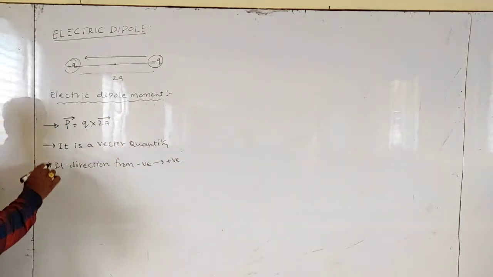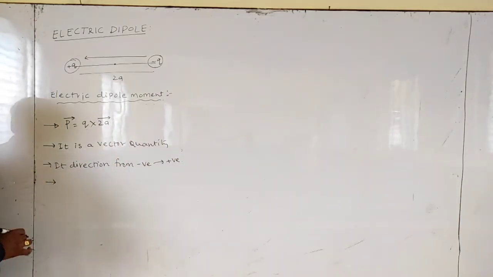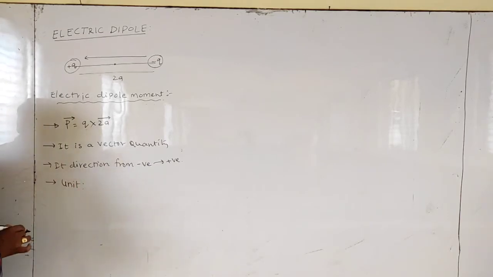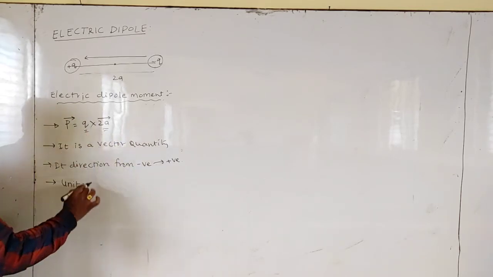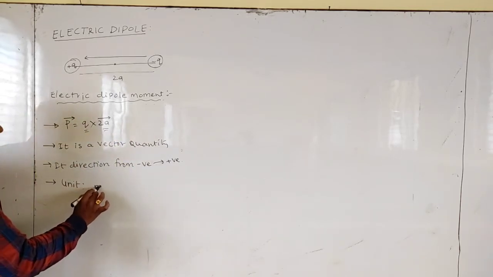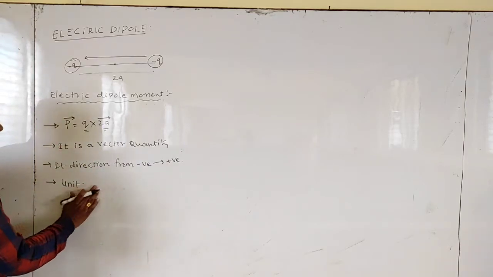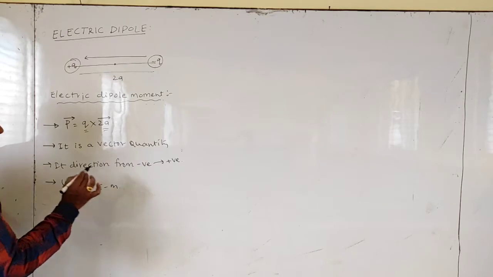Now, what are the units of the electric dipole moment? Length is in meters and charge is in coulombs, so the unit is coulomb meter.